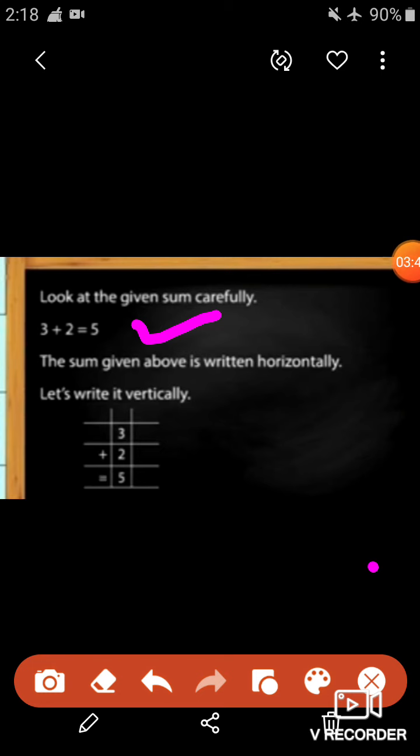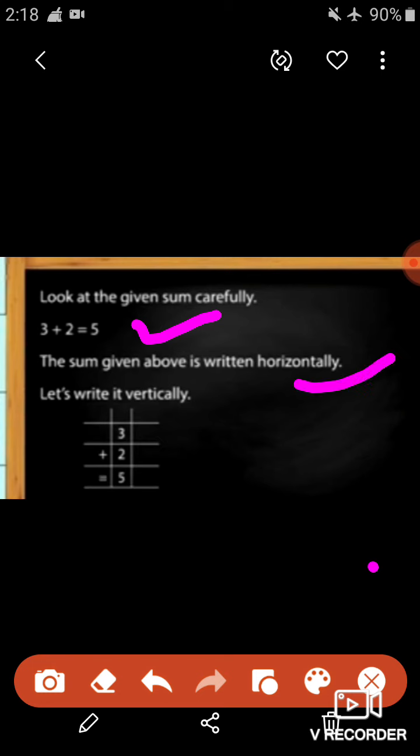When we add 3 plus 2 we get the sum 5. So this is horizontal addition. Now students, the sum given above is written horizontally.